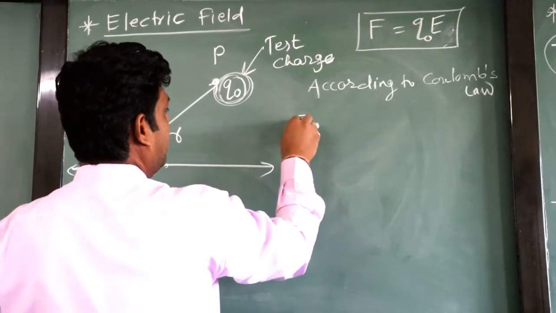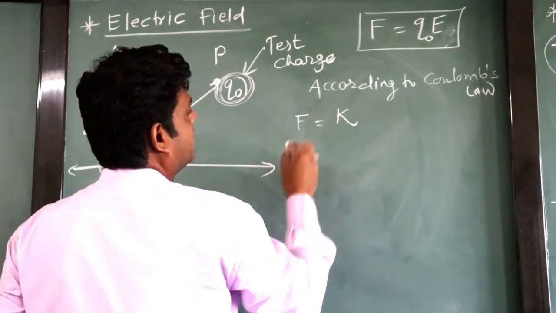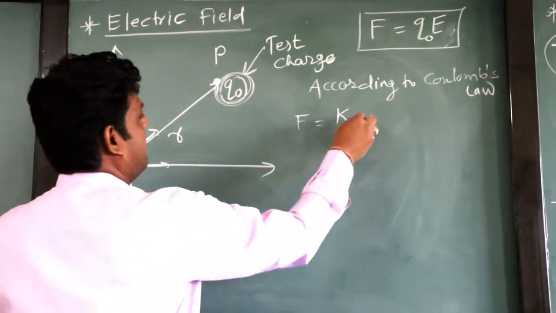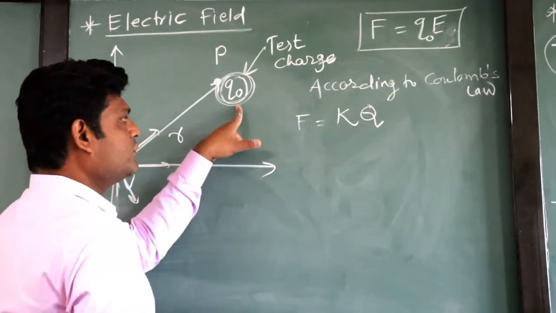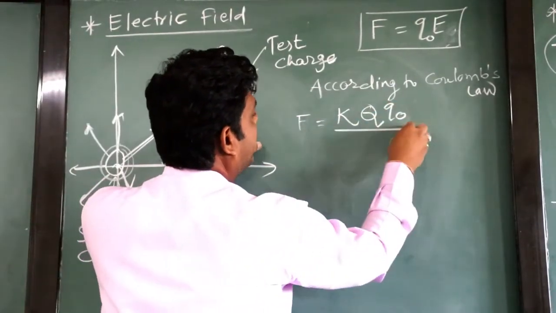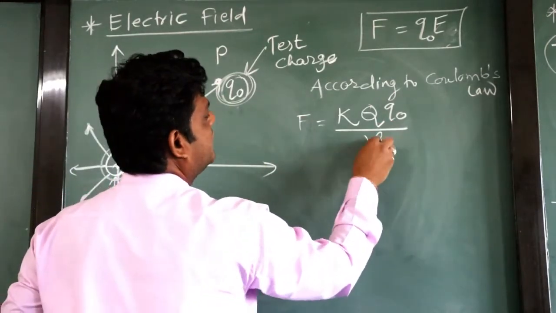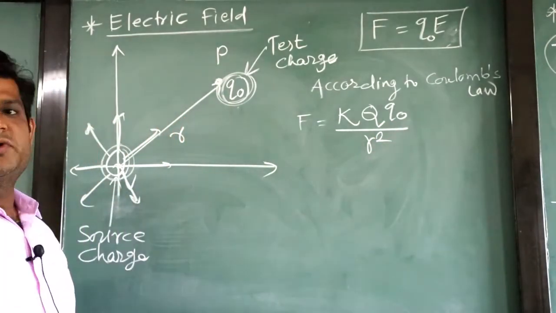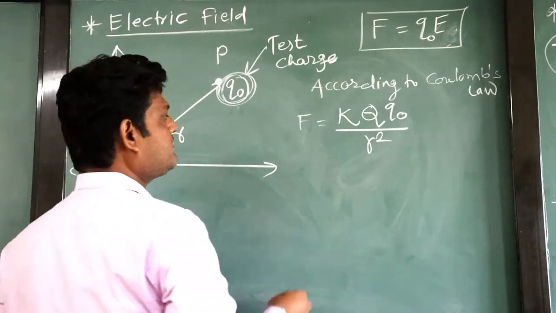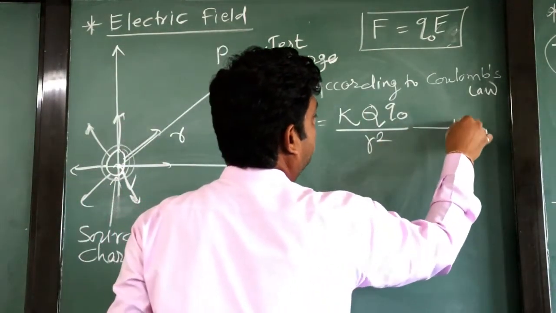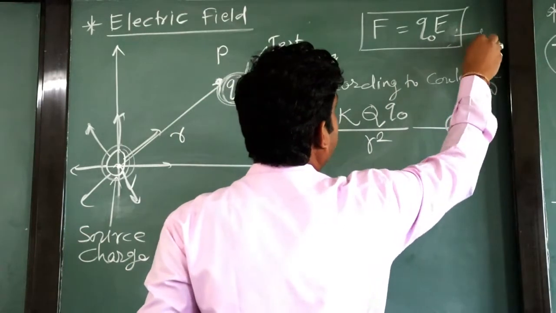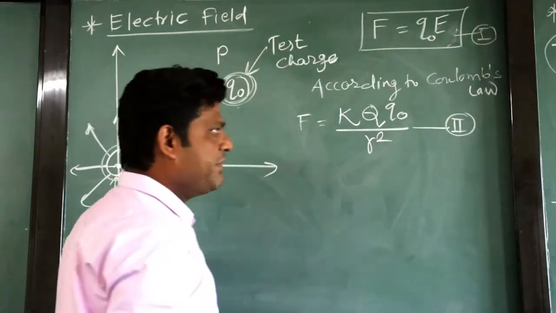So that force F equal to K Q1. What is Q1? Capital Q. What is Q2? That is Q0. K Q1 Q2 divided by the distance between them. K Q1 Q2 by R square. So this is the force. Equation number 2. This is the first equation. This is the second equation.